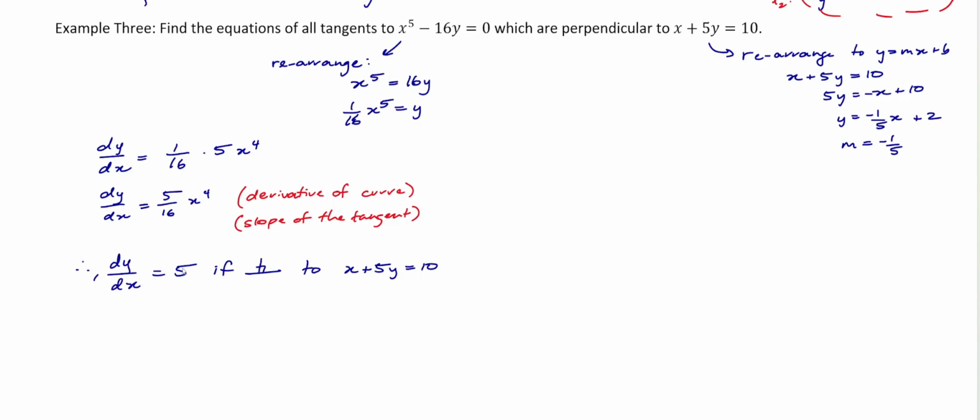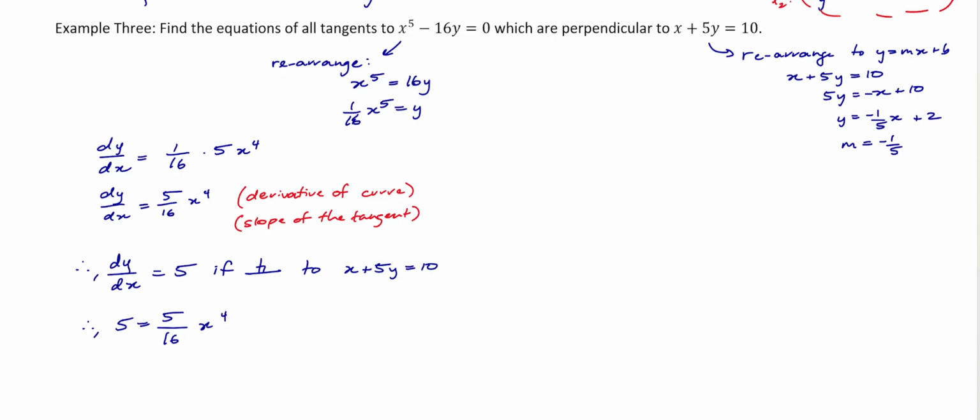So the tangent, if it's perpendicular to this line, and this line has a slope of negative 1 over 5, has to have a slope of 5. So if dy dx has a slope of 5, then 5 is equal to 5 over 16 x to the power of 4.